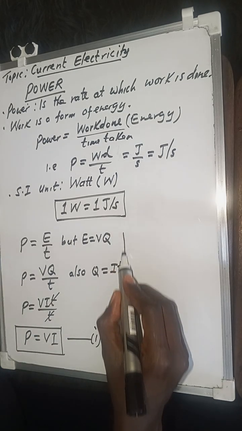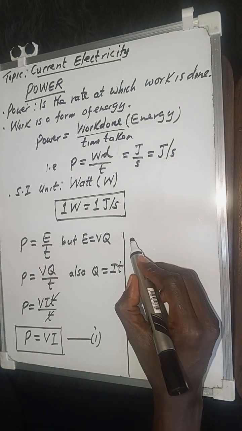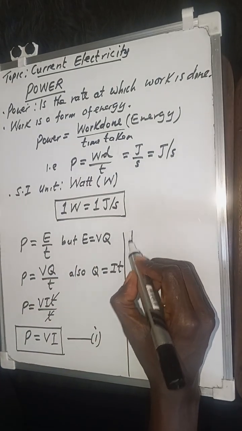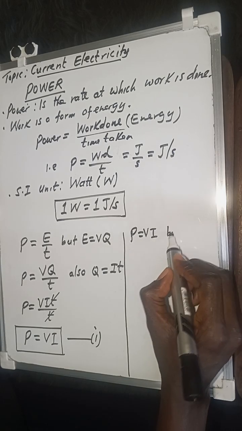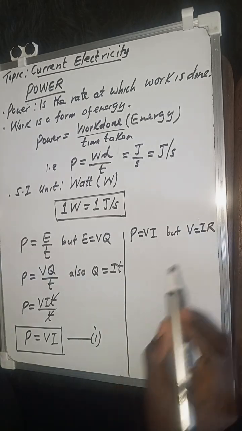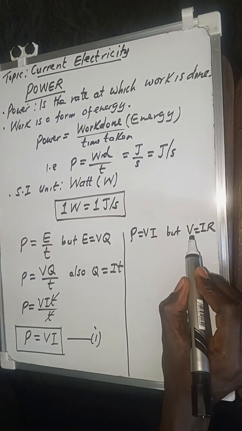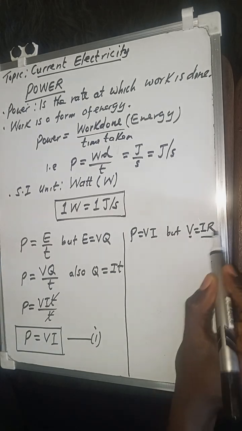Now suppose I replace this expression using Ohm's law. I know in this case that we have established that power is equal to voltage times current. But according to Ohm's law, we know that voltage is equal to current times resistor, meaning that where there's voltage, you can replace it with IR, current times resistor.